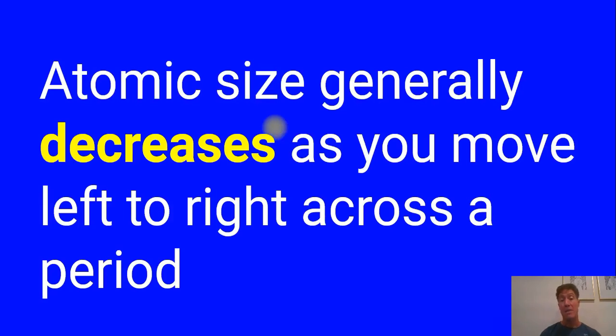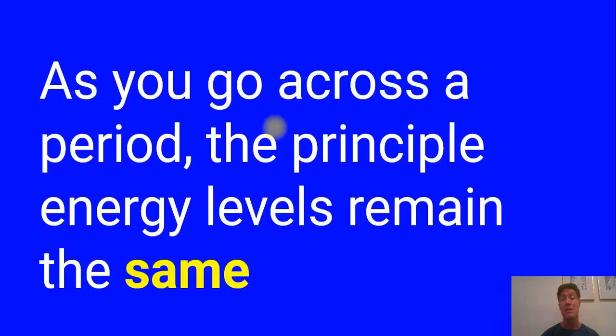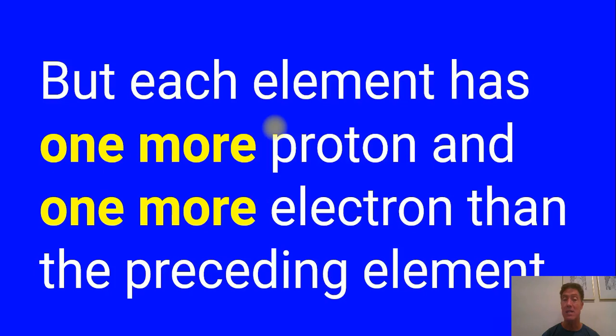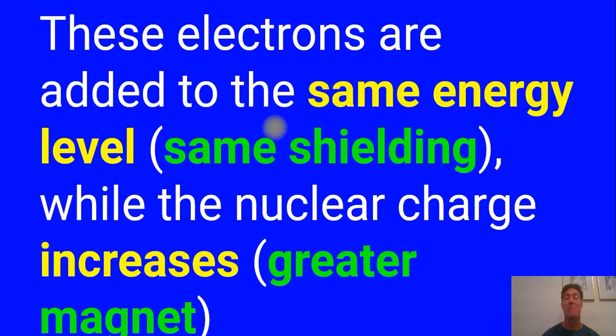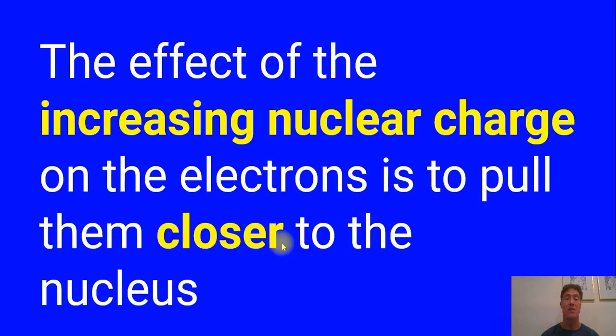And as I mentioned, atom size generally decreases as you move left to right because the principal energy levels remain the same, so there's no change in distance, but we add more and more protons, which adds to an increasing magnet, a stronger magnet. So it's the same energy level, same shielding, but a greater magnet, so there's a greater overall pull, pulls all the electrons close together.